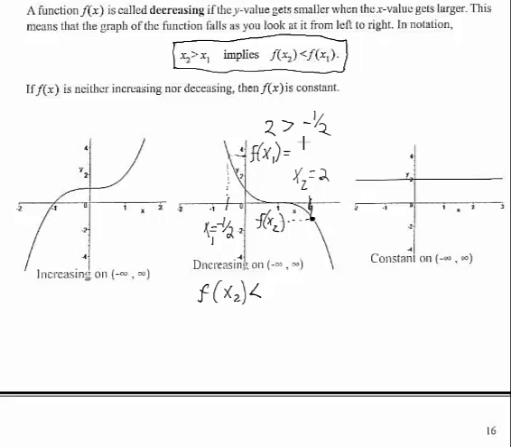And let's say that we get about 3.5. So according to my points that I picked, f of x1 is 3.5, and for f of x2, let's say I get a -1, and that turns out to be the case. So my function is decreasing. That's what all of this function notation and these inequalities mean.